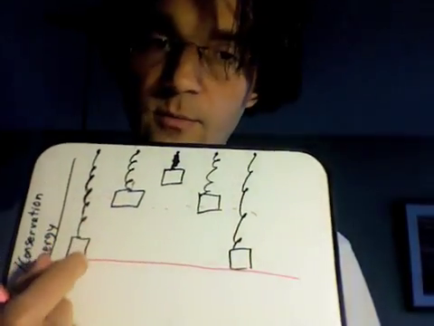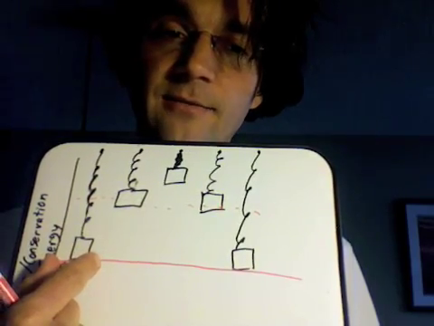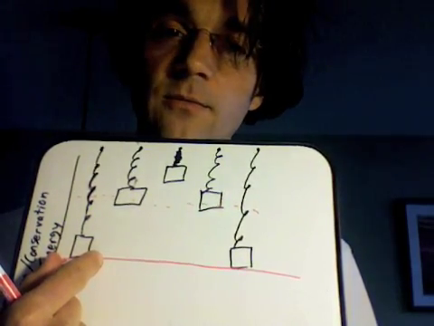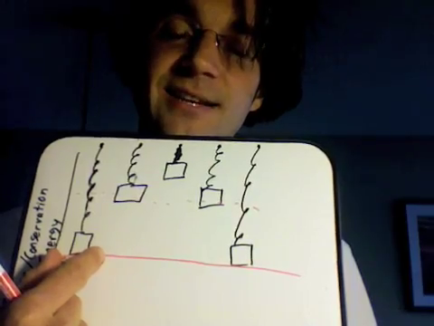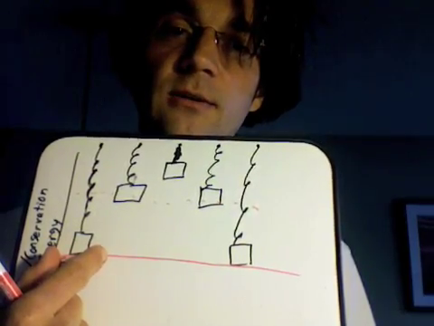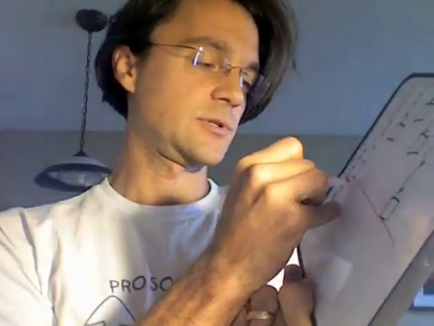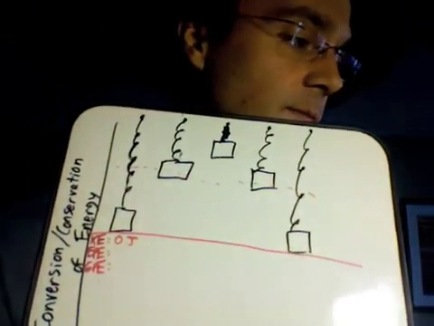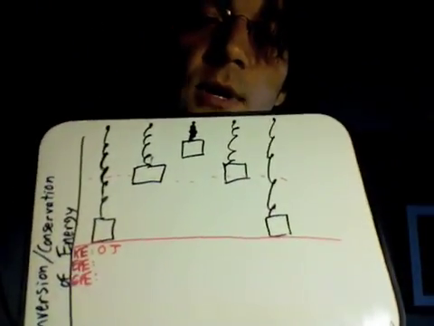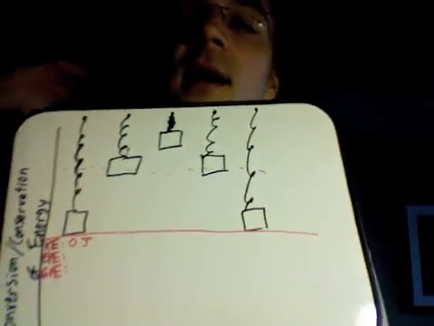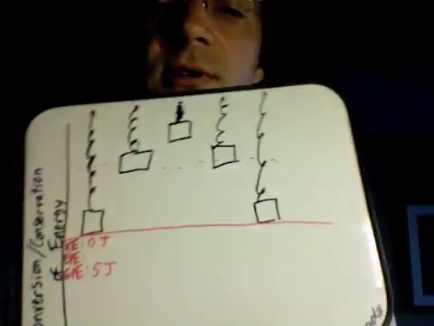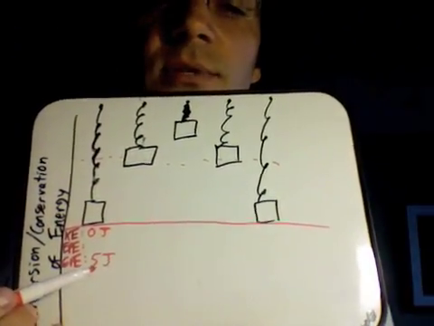Now, here in frame 1, I pull the mass down, and just before I let it go, how much kinetic energy does it have? How fast is it moving? That's right, it's not. So it has 0 joules of kinetic energy. Now, I'll tell you that it's a certain distance above the ground, and so let's say that it has 5 joules of gravitational potential energy, GPE, 5 joules.